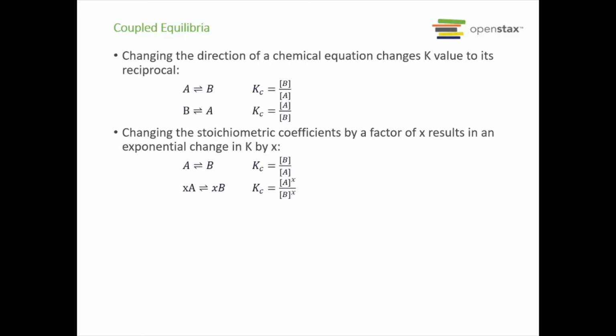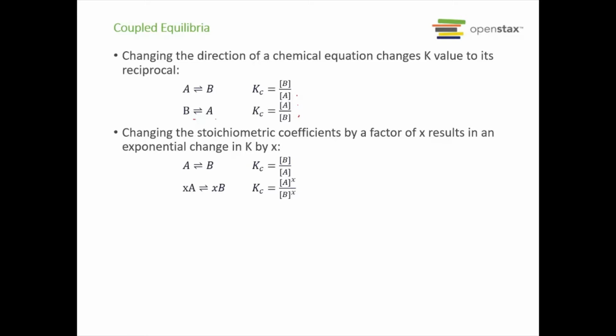So for instance, let's say we have some A and B in equilibrium and we change the direction. We flip it so that it's going from B to A. This changes K to its reciprocal. So from A to B, Kc is equal to B over A. For B to A, Kc is equal to A over B. So the reciprocal, 1 divided by it. If we change the stoichiometric coefficients by some factor of x, then you're changing the exponent of each of the concentrations in Kc by x.